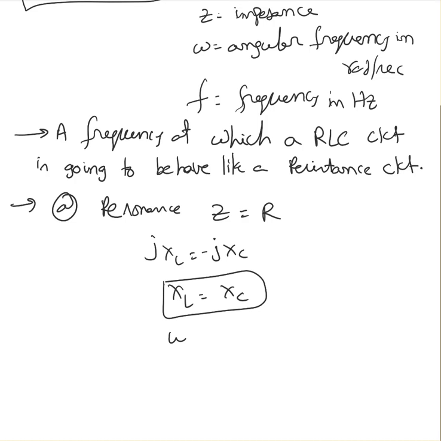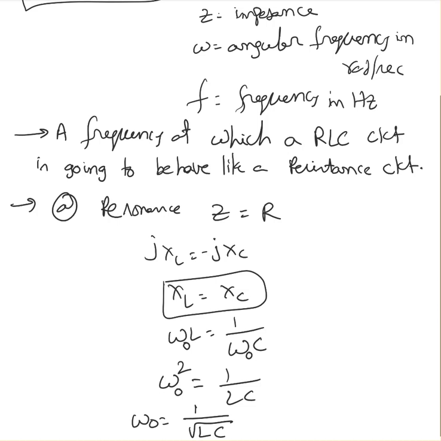XL is nothing but omega L. XC is nothing but 1 over omega C. So omega squared equals 1 over LC. Here we call the resonant frequency omega naught. So omega naught equals 1 over the square root of LC.